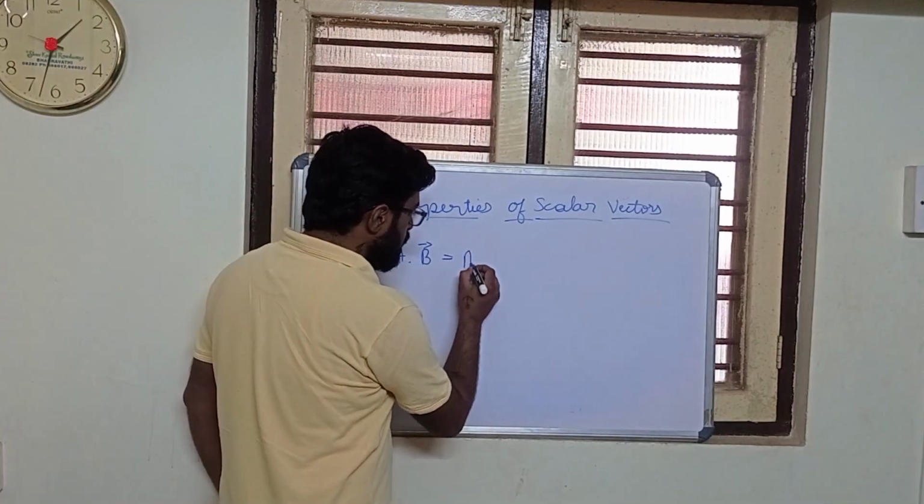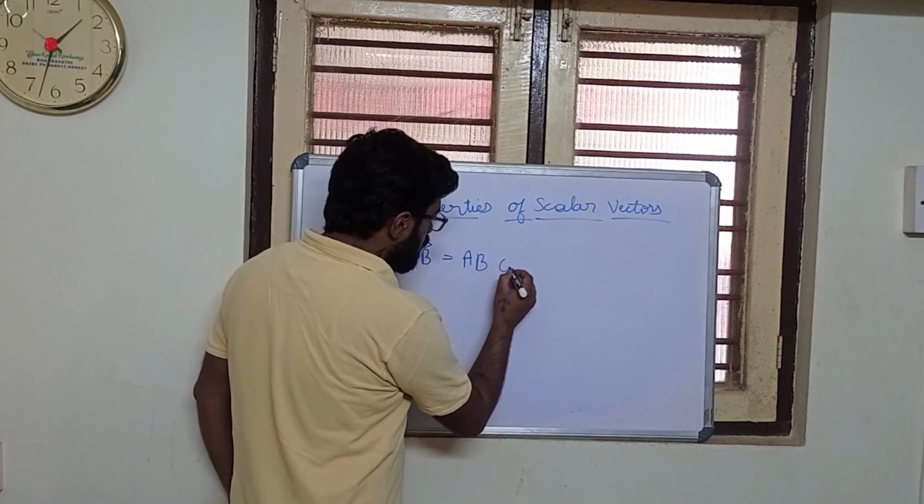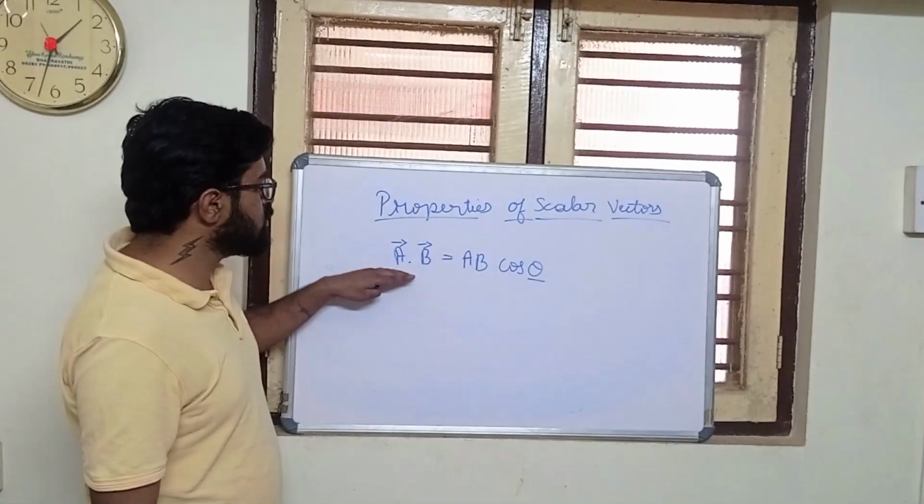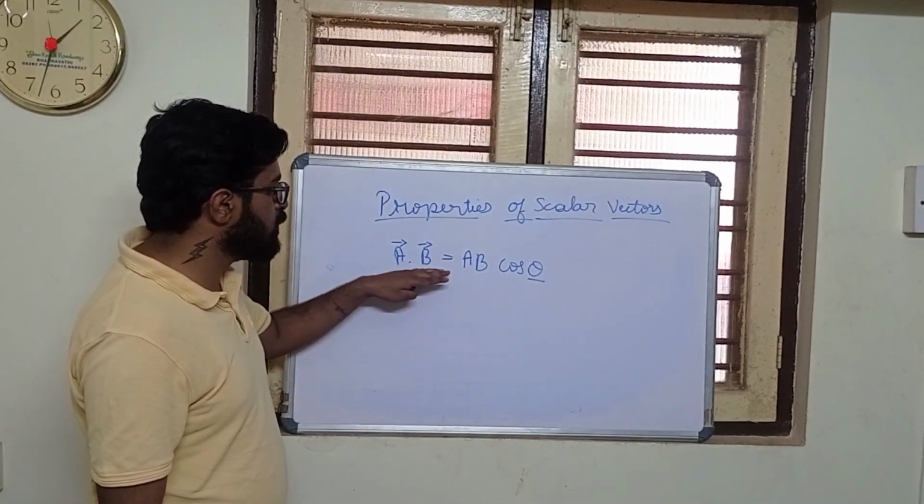It is given by AB cos of theta. Here theta is the angle between these two vectors, vector A and vector B.